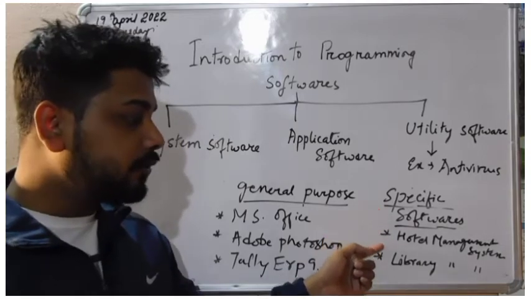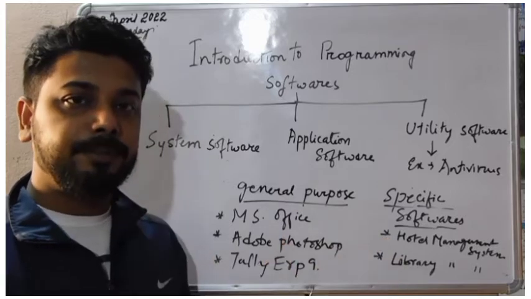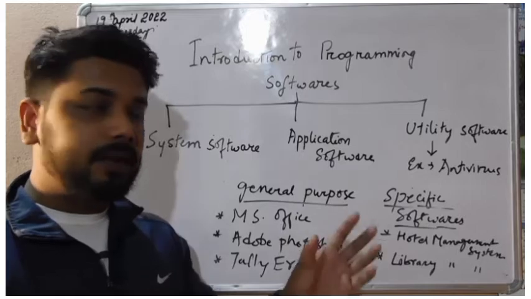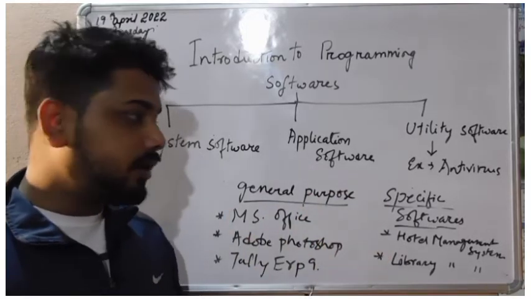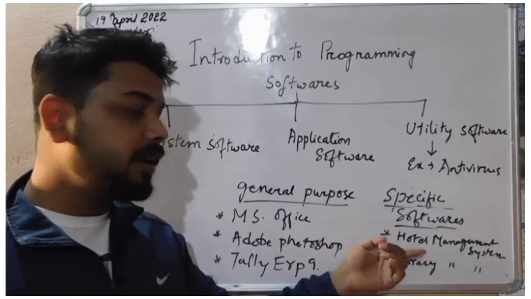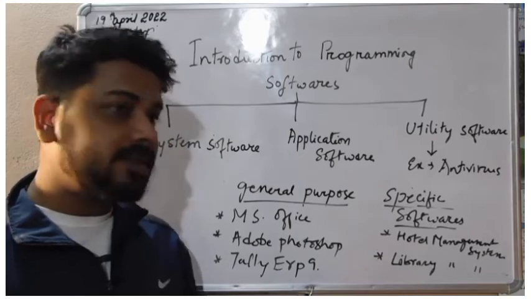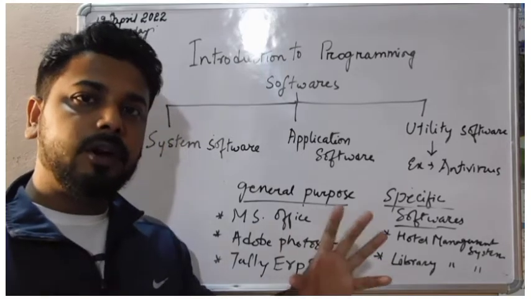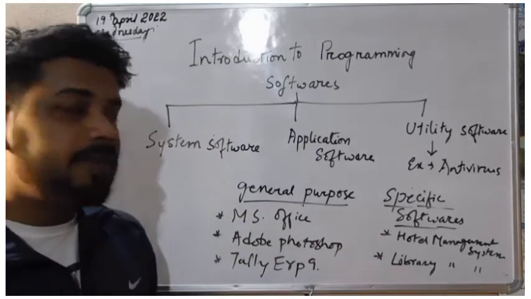Specific software are those which have only the particular features which the user wants. Suppose a hotel management system. I will include only those modules or features which are required. In the library management system, whatever features I need as a user, I will fix only those. I will not put any extra features over here, making it very big.